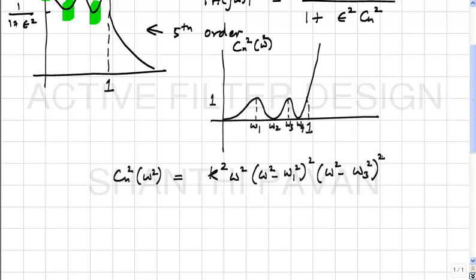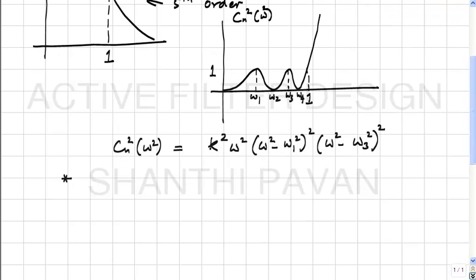And then we exploited the following three facts. Cn square is k square omega square times omega square minus omega 2 square the whole square times omega square minus omega 4 square the whole square.